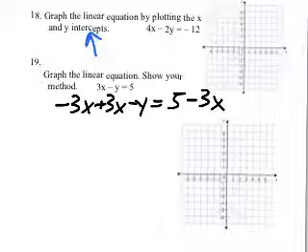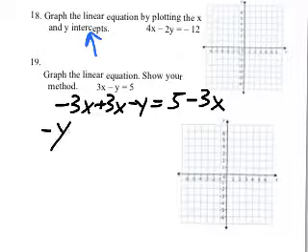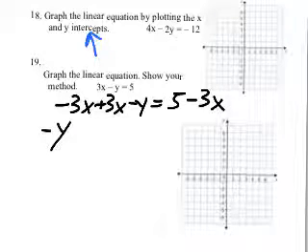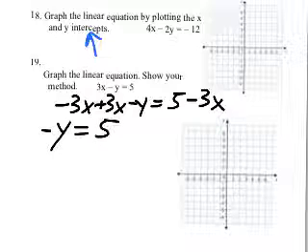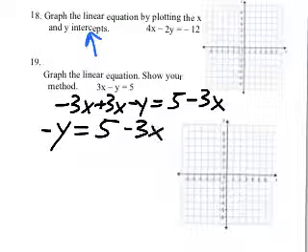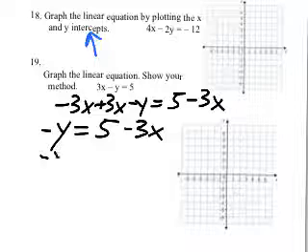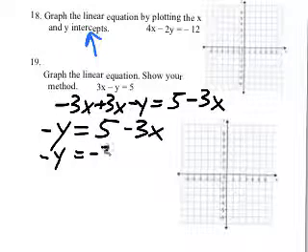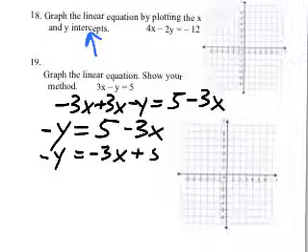Okay, so that gives us negative y equals 5 minus 3x. Okay, I'm going to switch where the 5 and the negative 3x are to put it into that slope-intercept form. So negative y equals negative 3x plus 5.